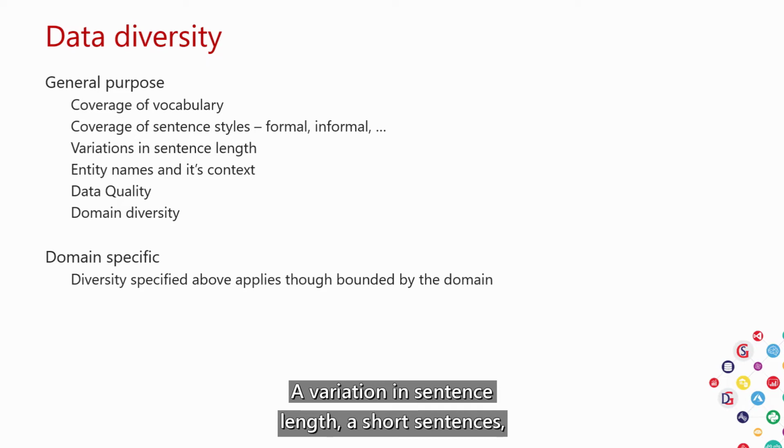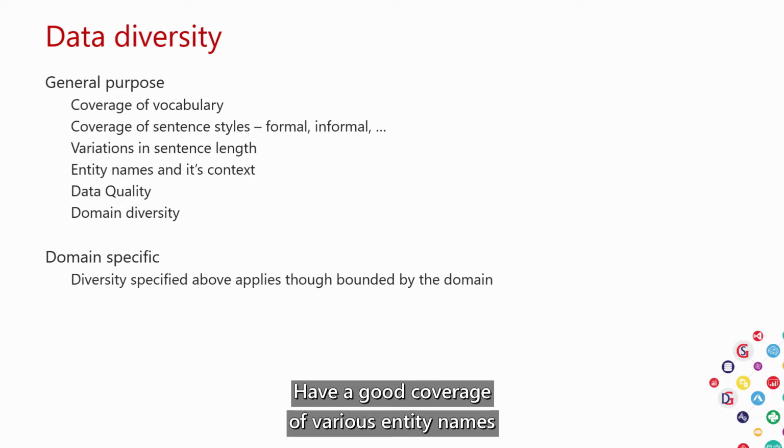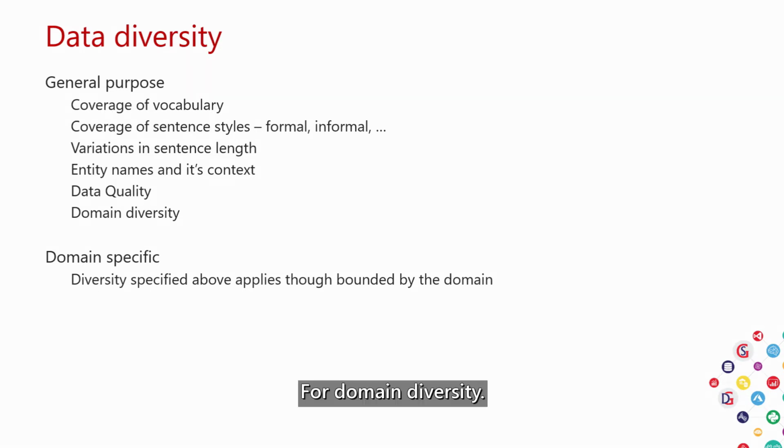And a variation in sentence length: short sentences which are 5 words or less, or long sentences which are 15 words or more, and good coverage of various entity names which are specific to the languages. Have checks in place to ensure the data quality is kept, and try for domain diversity.